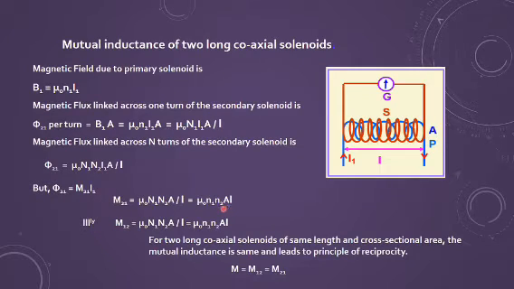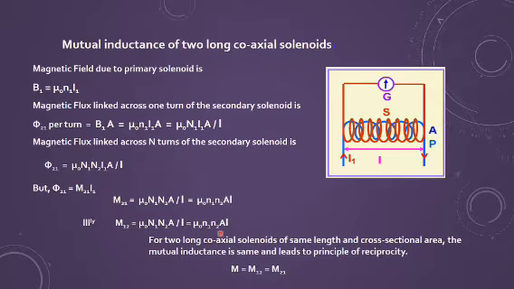Similarly, if you allow the current to pass through the secondary coil, then the induced EMF due to the change in magnetic flux will occur in the primary coil. So in that case, you can speak of the mutual inductance in the first coil due to the second coil. But if you try that way also, you will get the same result.